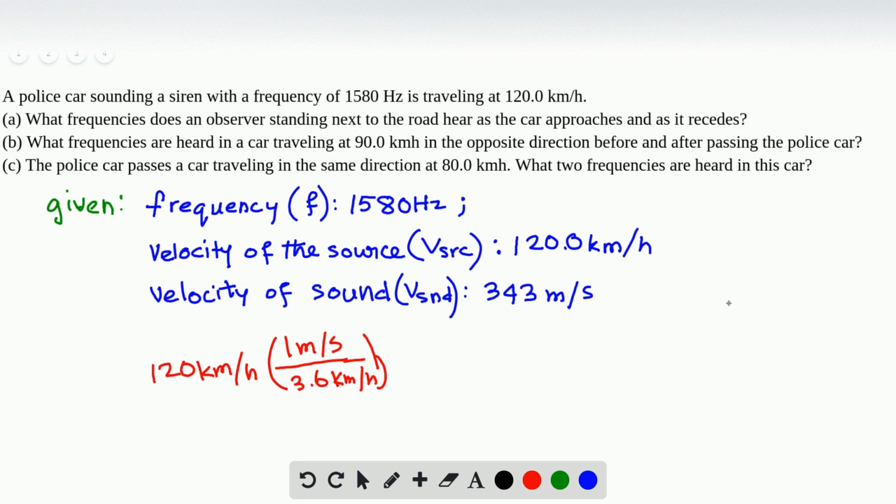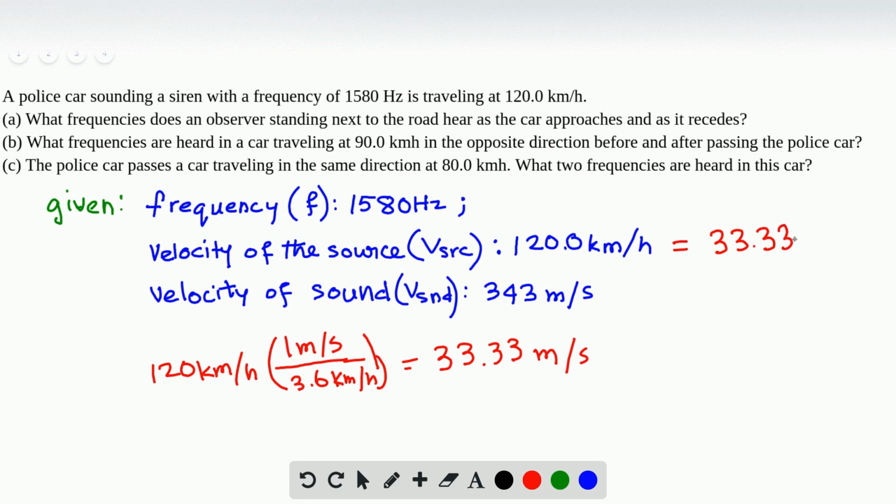That's why you have 3.6 kilometers per hour; when you divide these, you get rid of the units and it becomes 1. If we do this, we get rid of the kilometers per hour unit and end up with the velocity of the source.